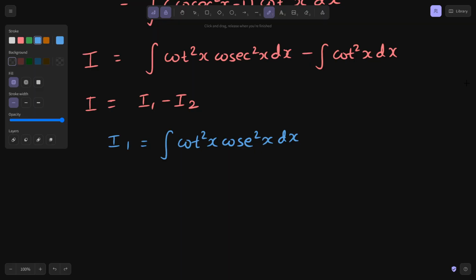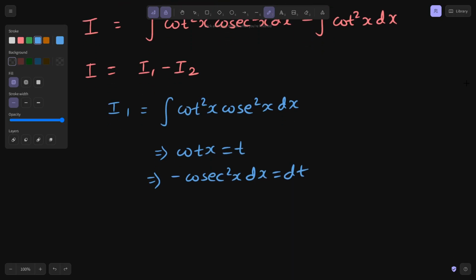We can take cot x as t, then negative of cosecant²x dx will become dt. You all know its derivative is negative of cosecant²x. Now I can take the negative sign to the other side, so cosecant²x dx will become negative of dt.